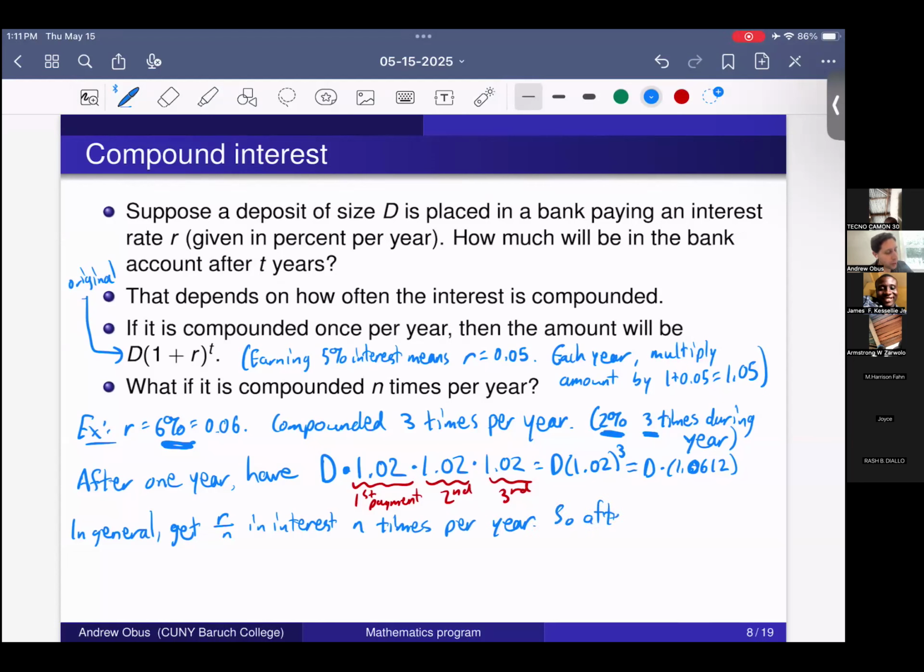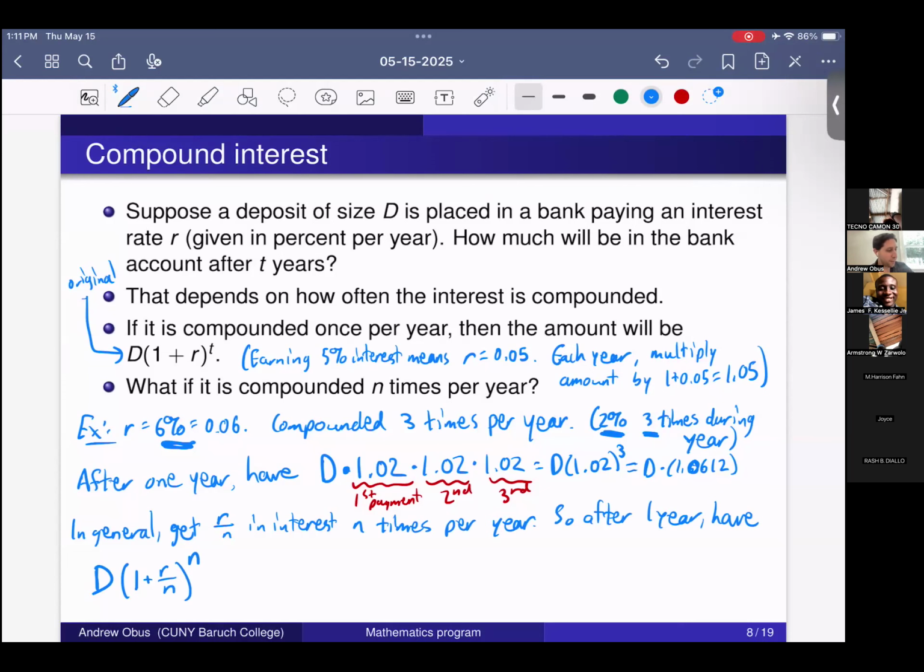So after 1 year, what do you have? You have your original deposit D. N times per year, you're getting an interest rate of r divided by n, right? You're splitting up your annual interest into n times per year. So that's going to be 1 plus r over n. And then that happens n times.